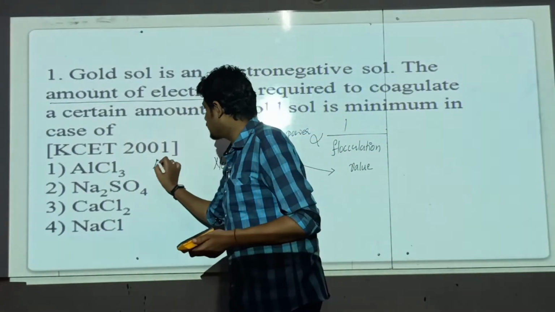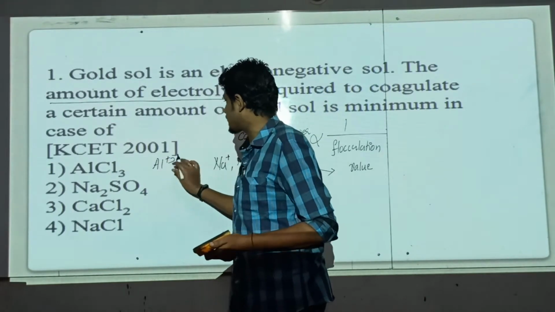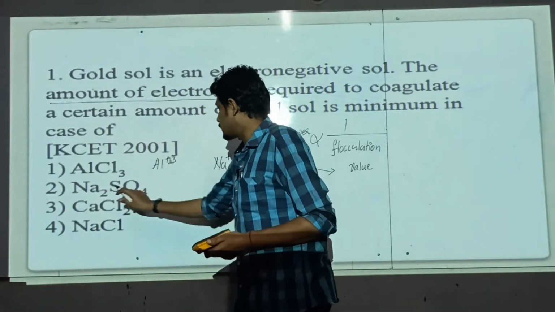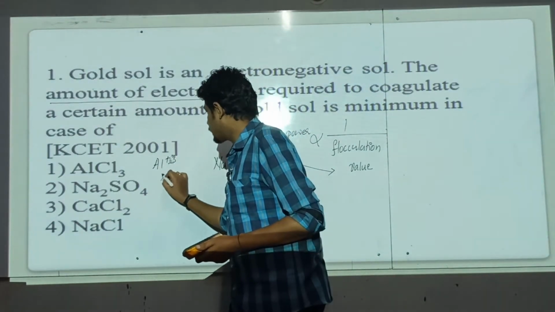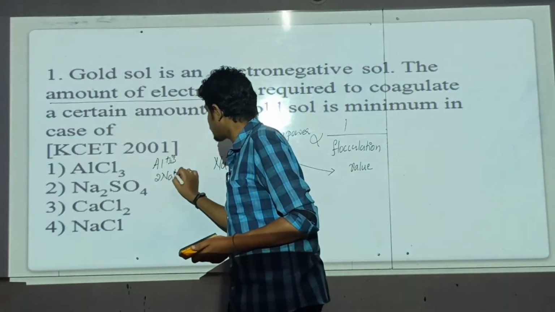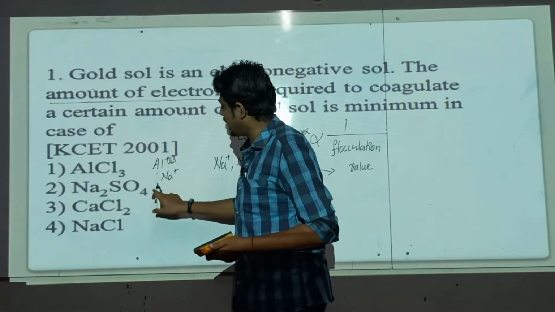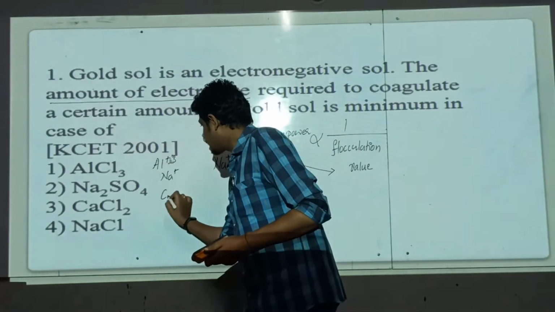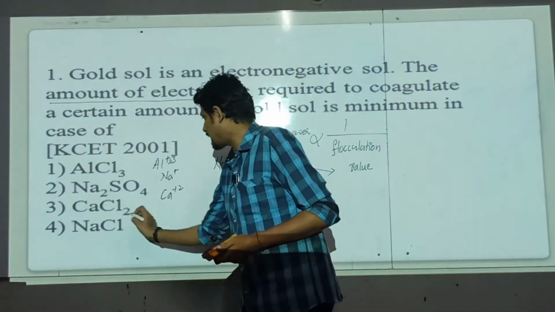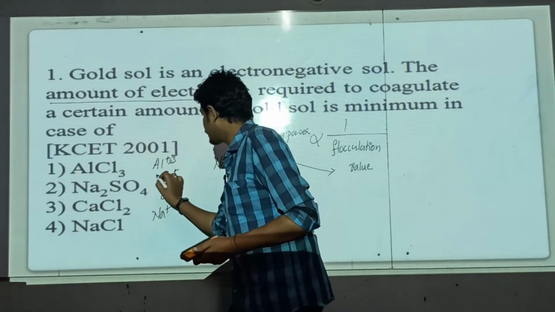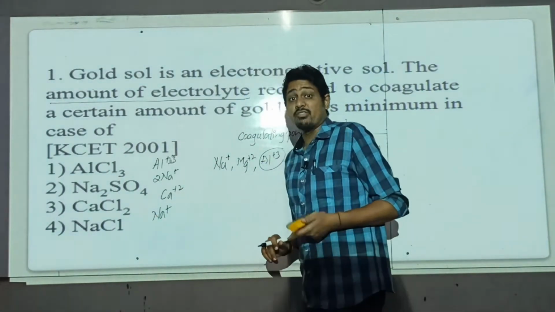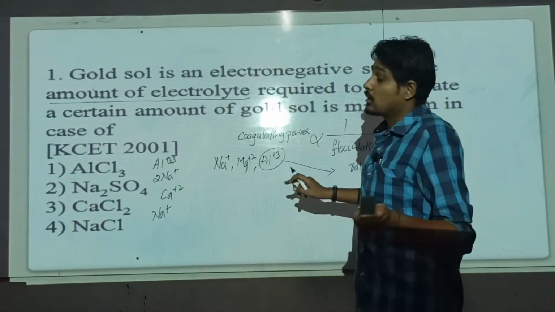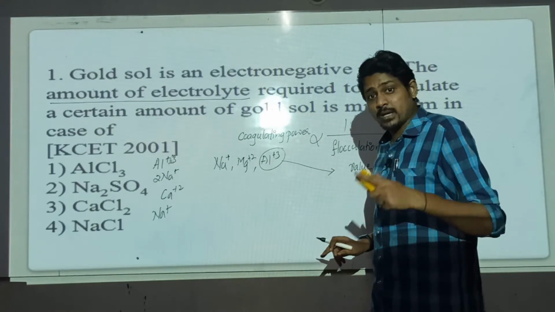Just check: aluminium has a +3 oxidation state. Here 2 sodiums are there, so it is Na2, and you can consider +2 oxidation. Calcium has +2, and again sodium only +1. Whichever has the higher oxidation state, the amount of electrolyte required will be minimum.